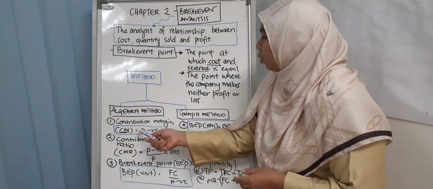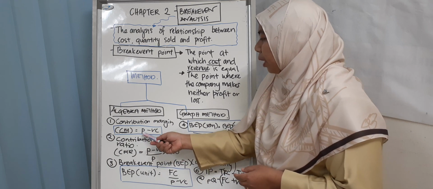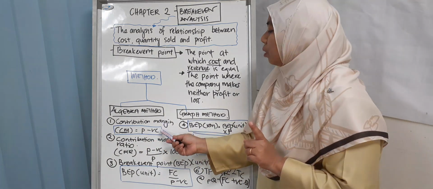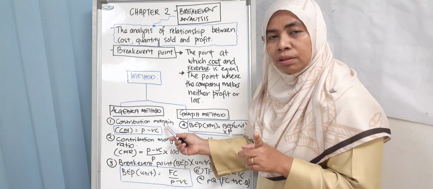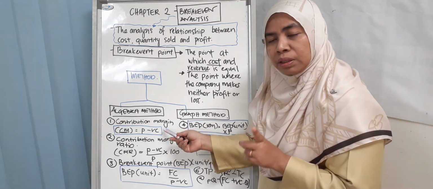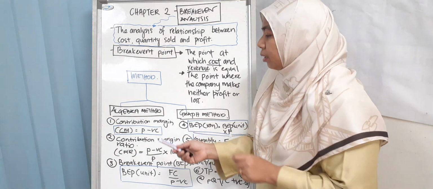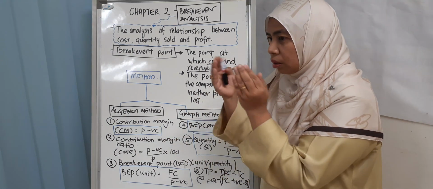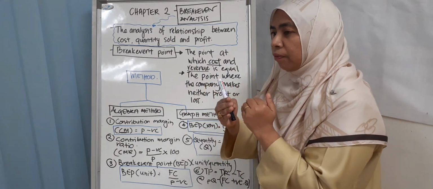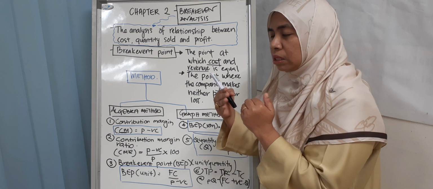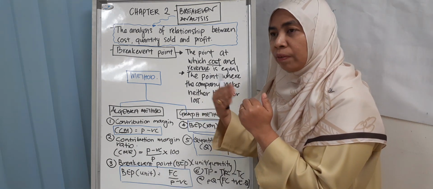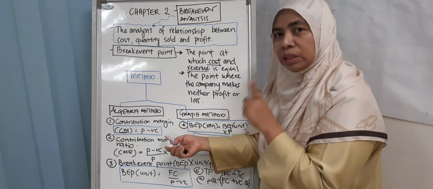The formula for contribution margin is price minus variable cost. Remember, variable cost should be per unit, not the variable cost in lump sum. For example, if the question gives you variable cost in lump sum, let's say 500, and you solve it, that means variable cost is 1 ringgit.